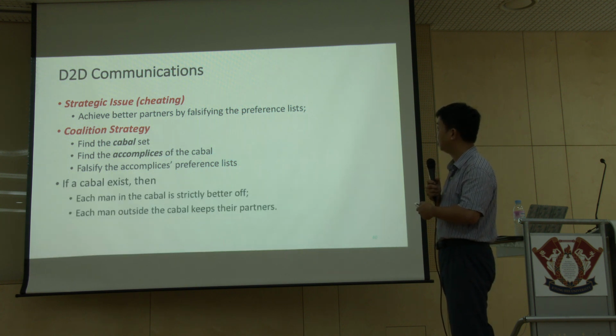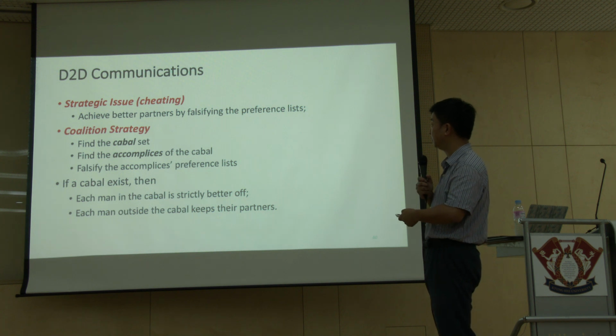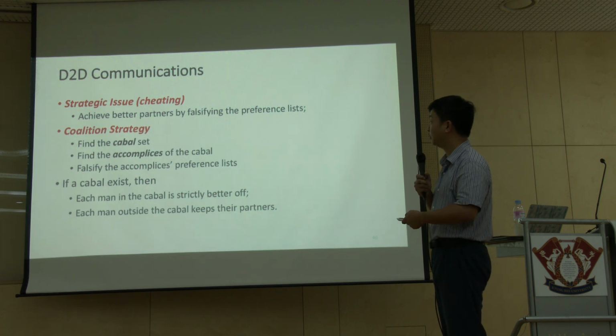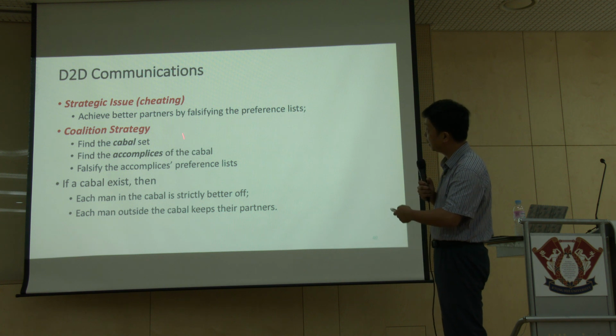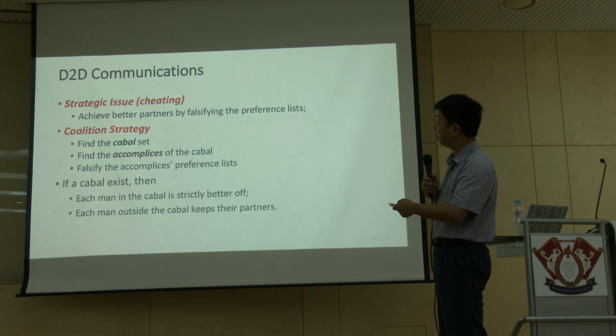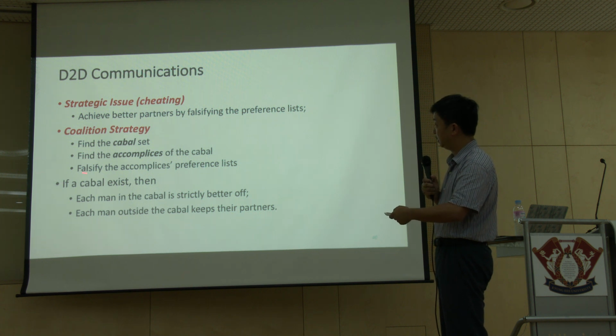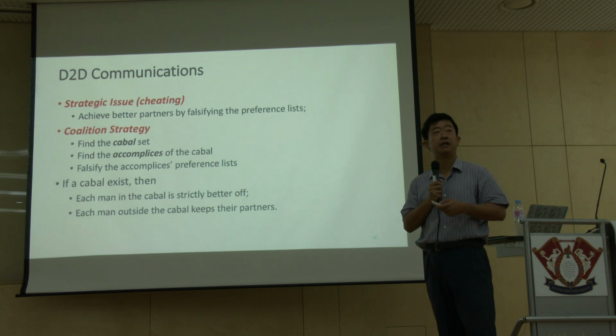The story is that if a cabal exists, then each man in the cabal can be strictly better off. So basically, if inside the cabal they cheat on their preference lists, the payoff can be no worse than not cheating.